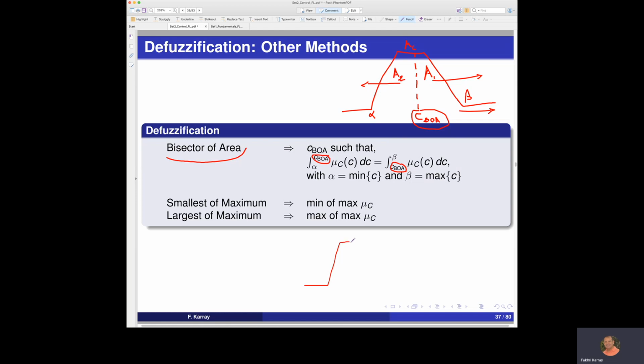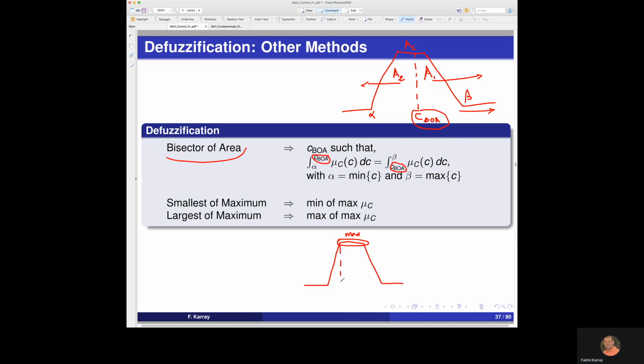There are easier values that people have utilized, where we take what is known as the smallest of maximum. So let's suppose that this is a membership function. The maximum of this membership function here occurs at this particular value, at this particular level here.